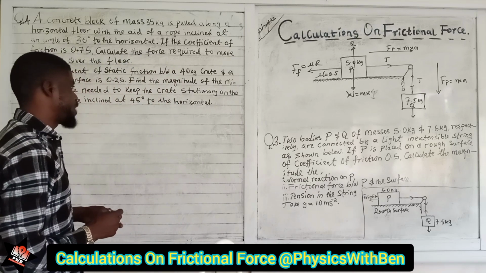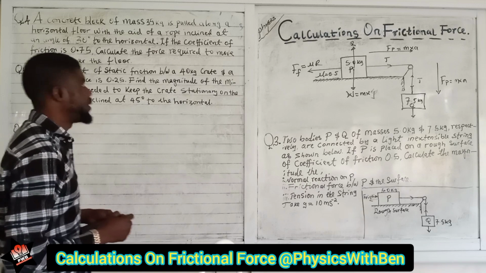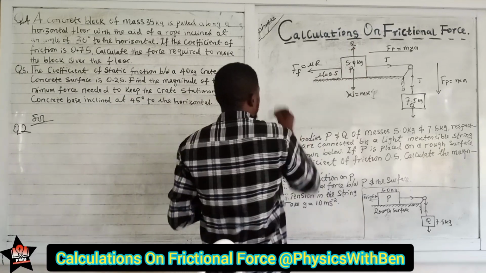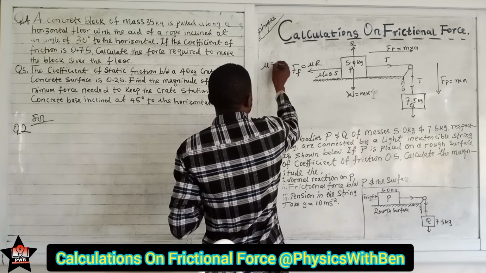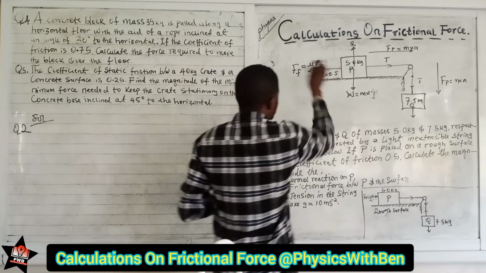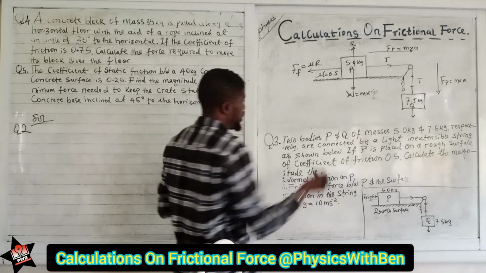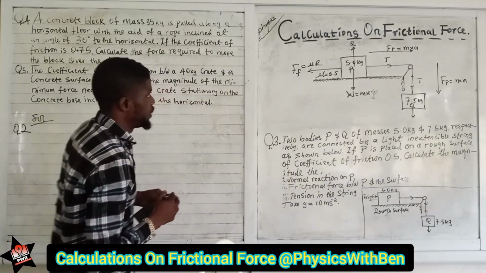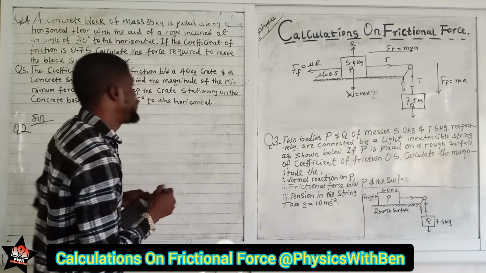The first thing they ask us to do is to find the normal reaction on P. You know that from here our mu R... the normal reaction on P is simply mass times gravity. So 5 times 10 will give you 50.